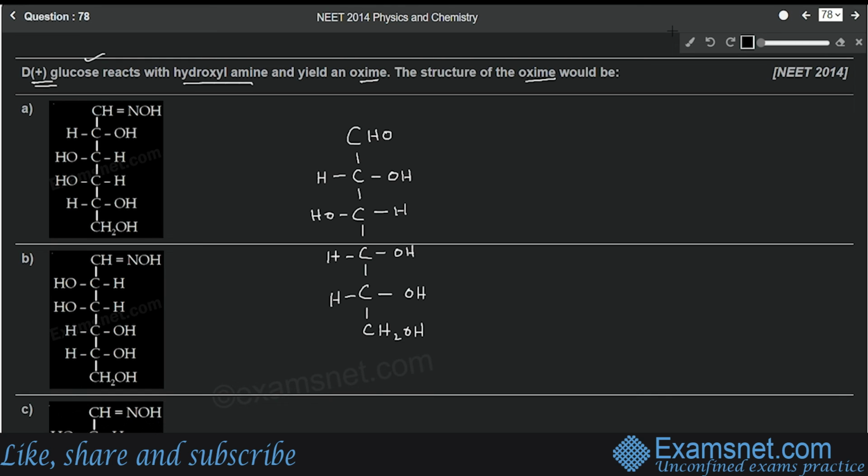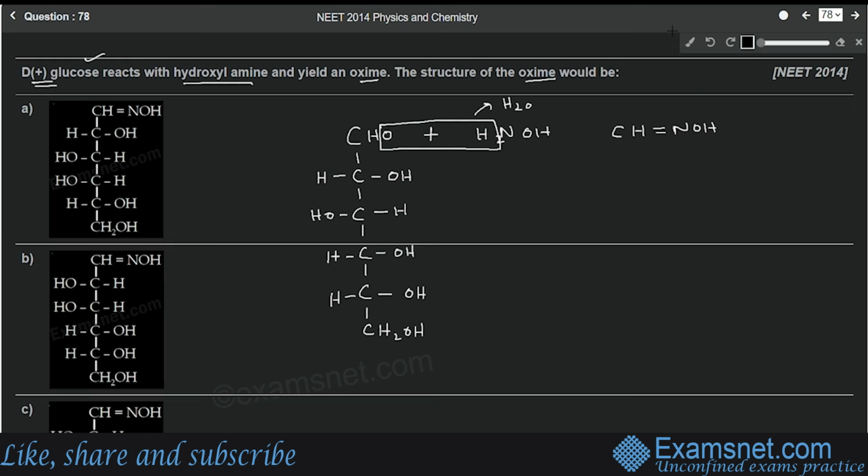So here we have to keep in mind the relative positions of hydrogen and hydroxyl group, that means whether it is on the left side or the right side. Now when it reacts with hydroxylamine, NH2OH, the oxygen of the aldehyde and H2 of hydroxylamine react to form water. So there is removal of a water molecule, and at this position the bond that forms is CH double bond NOH.